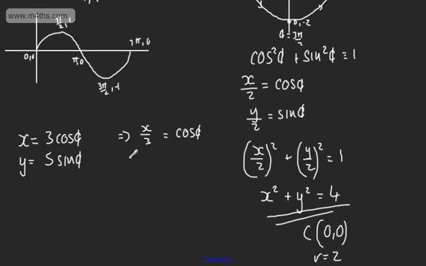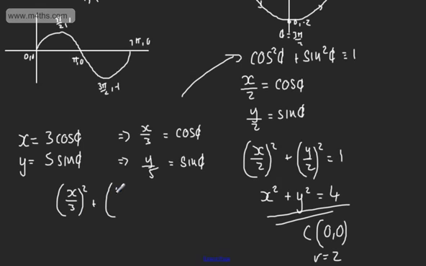I can say that y over 5 is equal to sine theta. Therefore, if I square them using this identity, which I will quote when I'm in an exam, we've got (x over 3) squared plus (y over 5) squared will be equal to 1. This gives us now an ellipse, and you'll come on to looking at ellipses if you take your work any further.